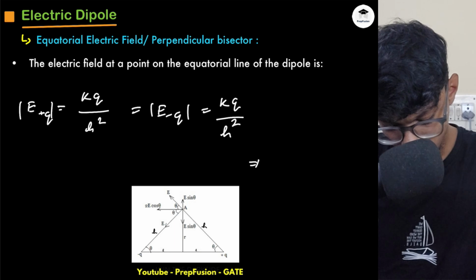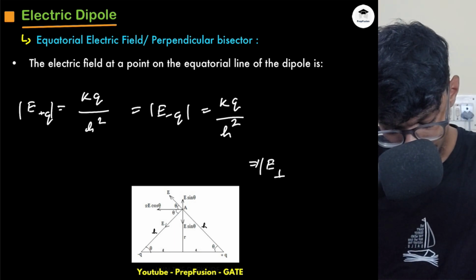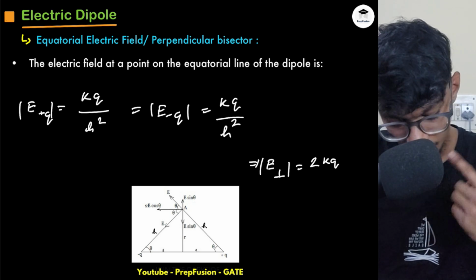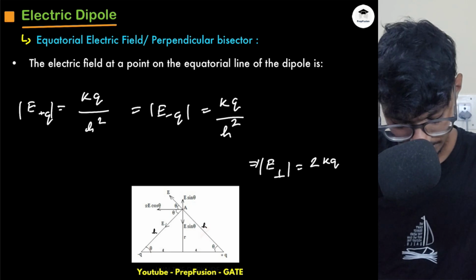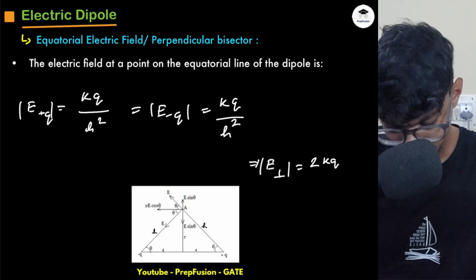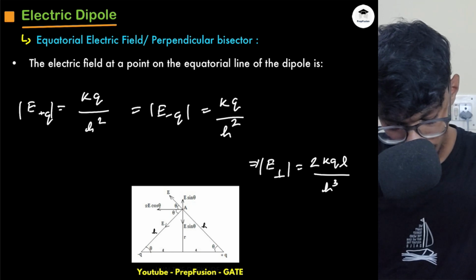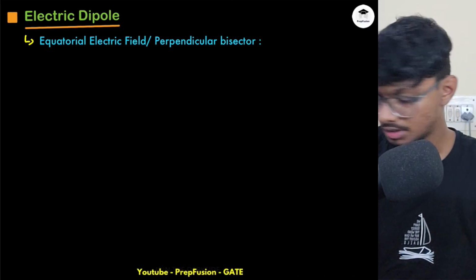So overall my electric field along the perpendicular bisector, magnitude, will be 2KQ cos theta. What is cos theta? Cos theta is base upon hypotenuse, L upon H. So it will be 2KQL upon H cube, okay? So I can further rewrite this in a simple expression.